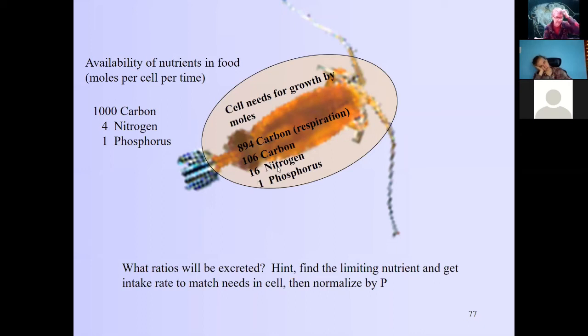Great, Abigail, 4,000, right? So it's getting 4,000 carbons, 4 phosphoruses for every 16 nitrogen. So it's going to have to be dumping carbon and dumping phosphorus to bring in as much nitrogen as it needs to grow. All right, so in this case, it's going to be mineralizing phosphorus faster than it's mineralizing nitrogen.